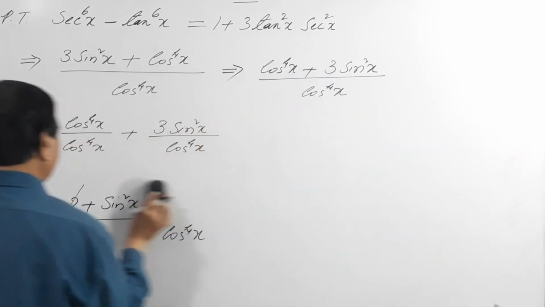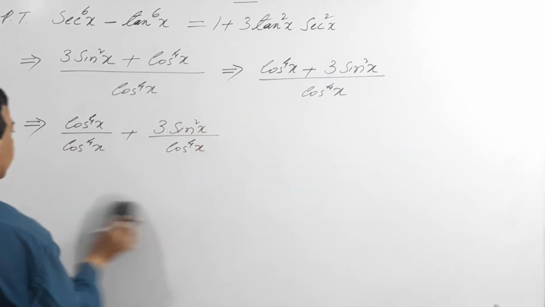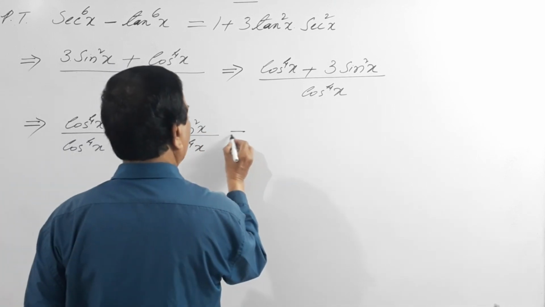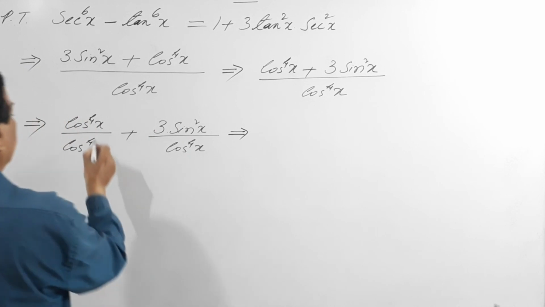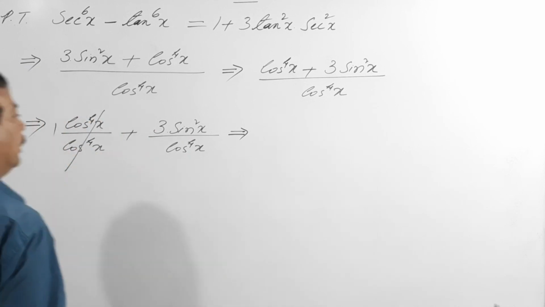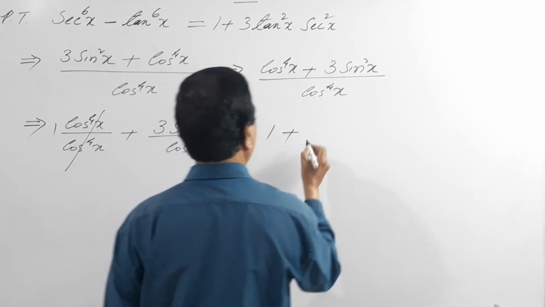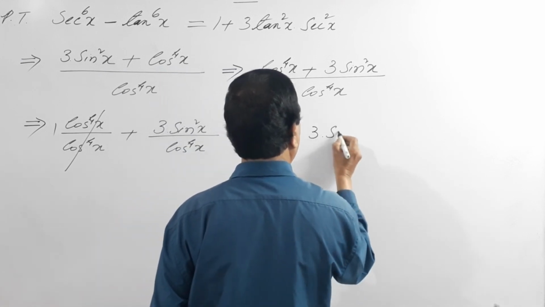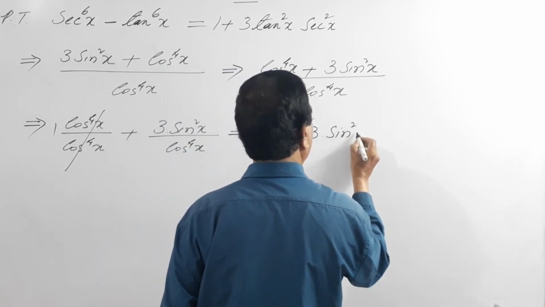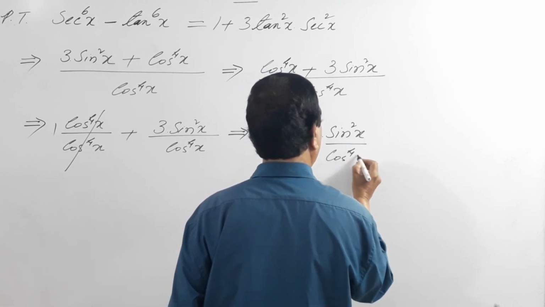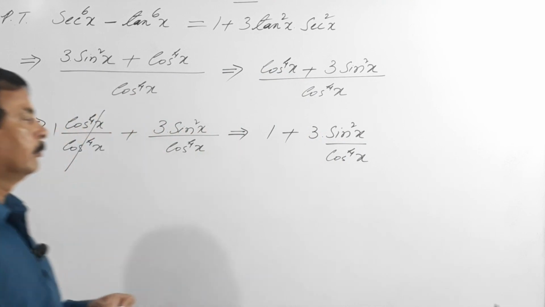I rub this too. So what happens to this? Cos and cos goes, you get 1 here. So that is equals to 1 plus 3 into sin square x by cos to the power of 4x.